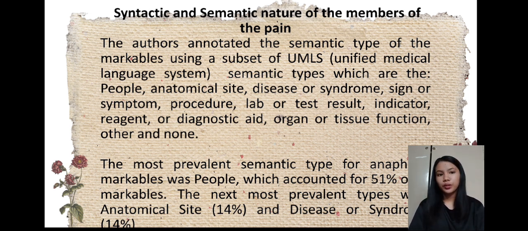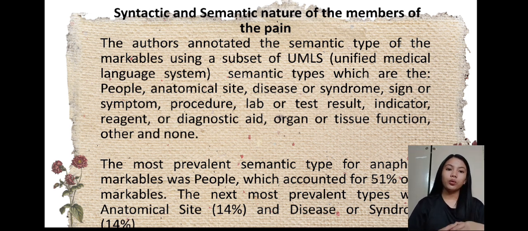The results revealed that the most prevalent semantic type for anaphoric markables was people, which accounted for 51%, or more than half of all markables. The next most prevalent types were anatomical site and disease or syndrome.